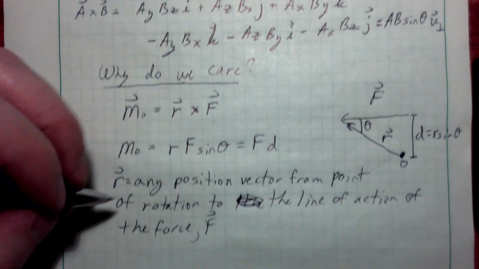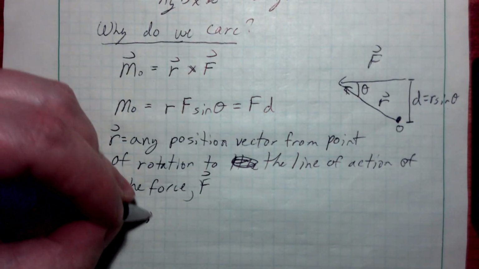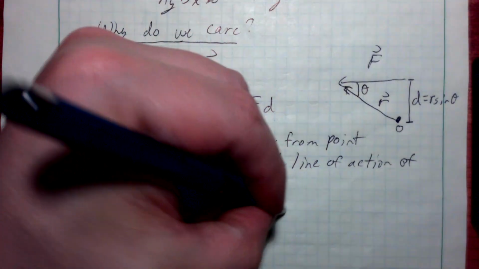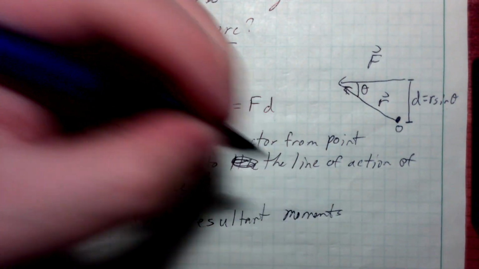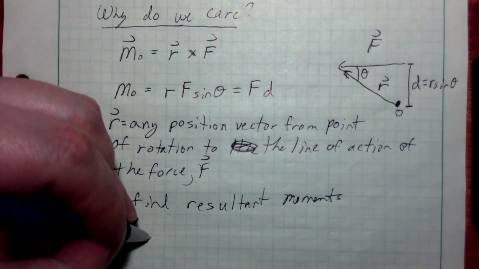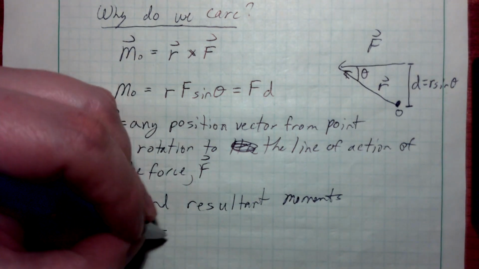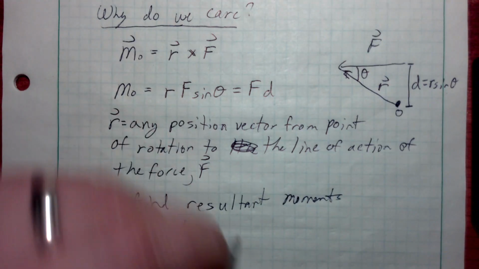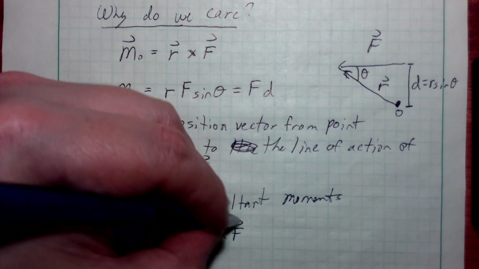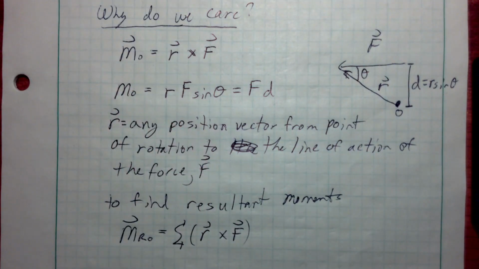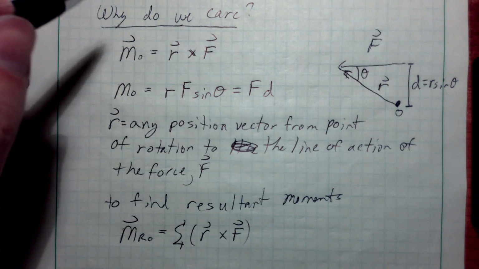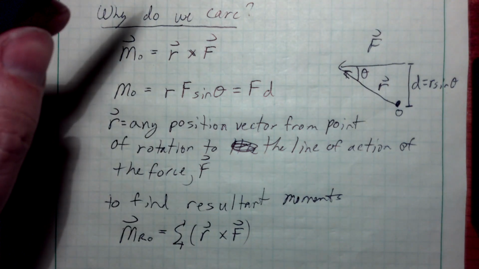So what happens then is to find resultant moments, moment resultant about some point O, maybe the origin, then what we're going to do is sum all of the r vector crossed with force vector that are applied to or about this point O. Anything that's going to cause potential rotation about point O for our object or our structure or a particle, whatever it may be.